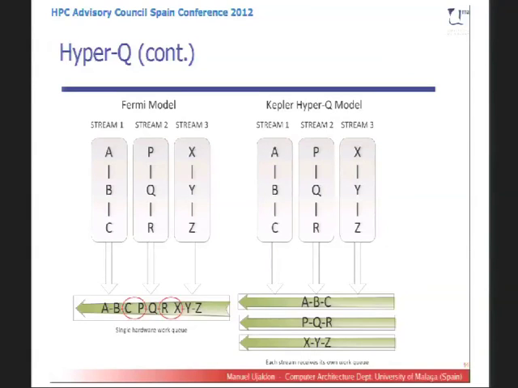But the way it was implemented was this, which means that there is a chain here, there is another chain here. So you start with ABC, and until C is over, you're not going to start P. Maybe you can overlap a little bit if you are a wise programmer, the end of C with the beginning of P, right? But you cannot start Q before C is over. That's impossible in the Fermi model.